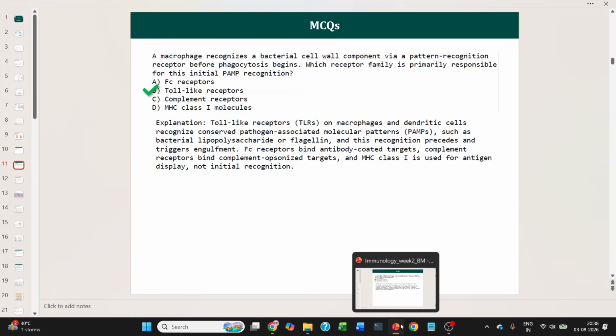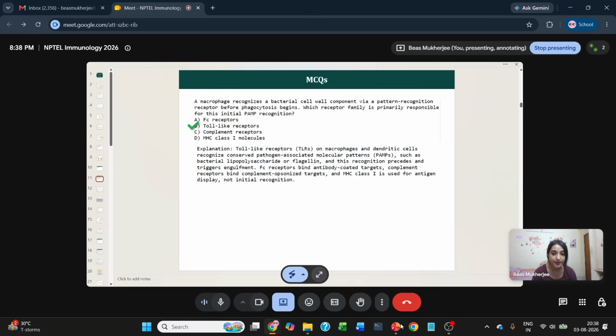So the right answer would be toll-like receptors, and the explanation is that toll-like receptors or TLRs on macrophages and dendritic cells recognize conserved PAMPs such as bacterial lipopolysaccharide or flagellin. Flagellin is the protein that is present on the flagella of the bacteria, which is the motility appendage of the bacteria, right?